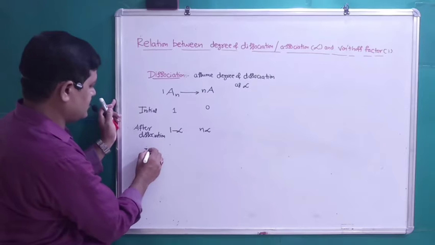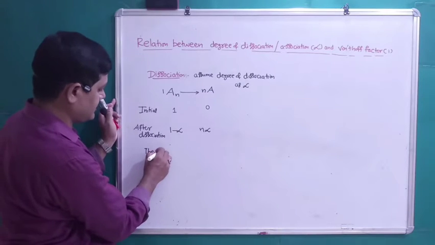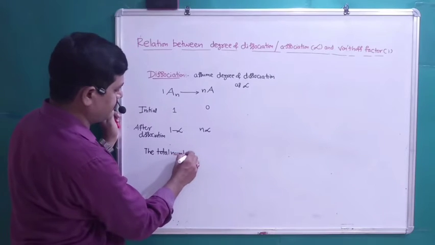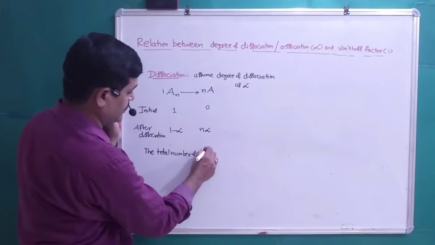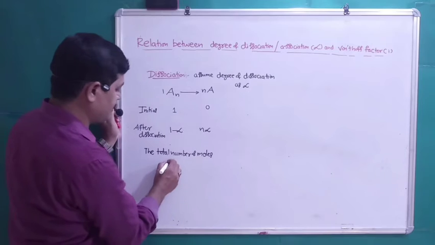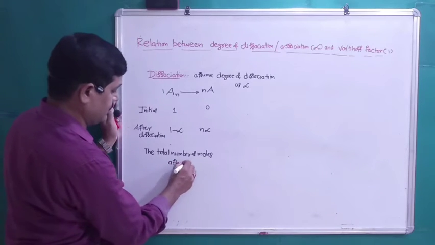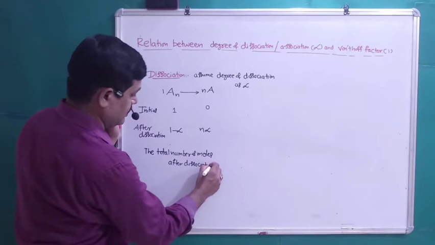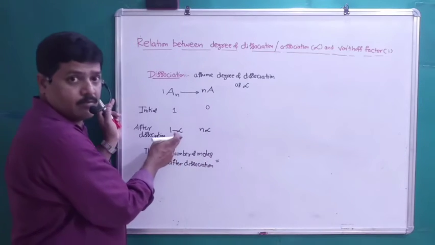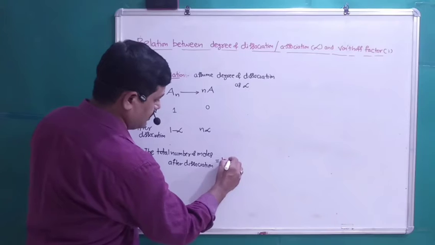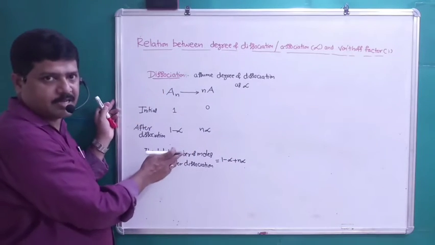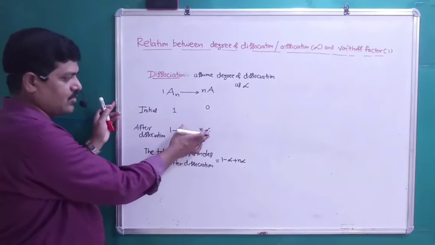Then the total number of moles after dissociation is equal to 1 minus alpha plus n alpha. We need to add these two.